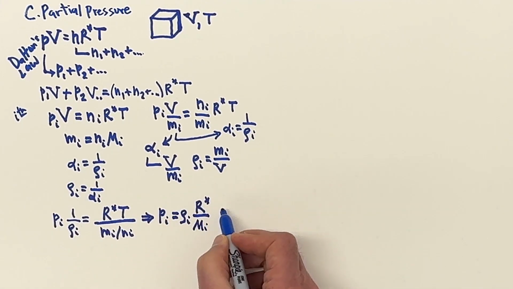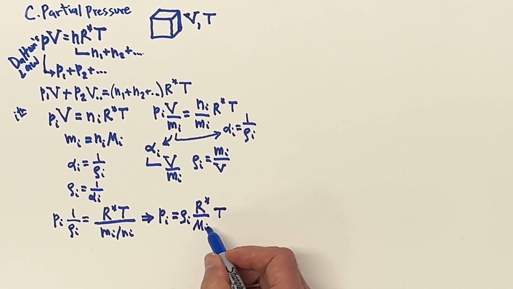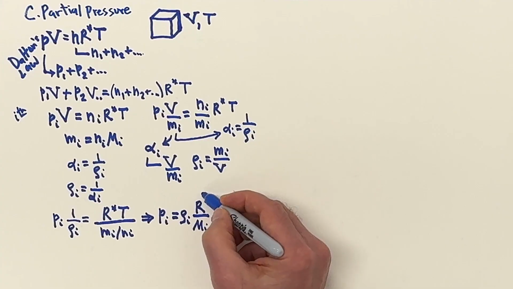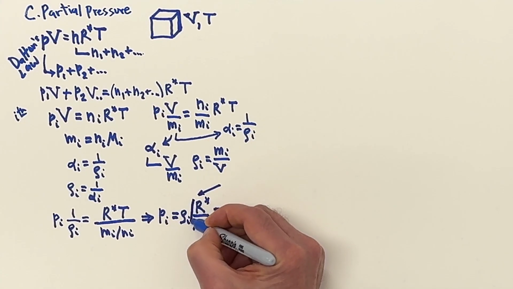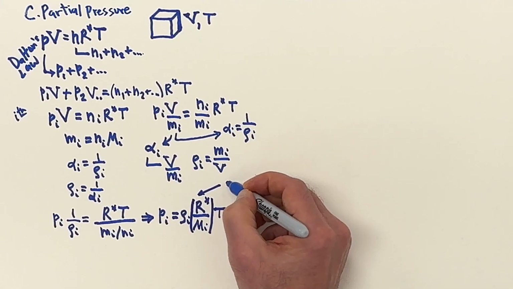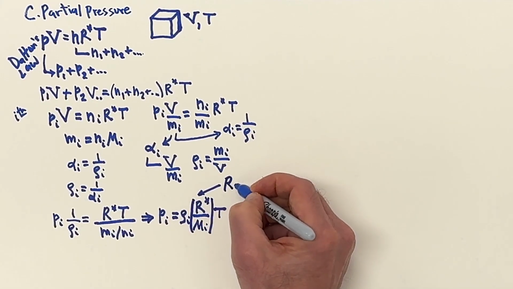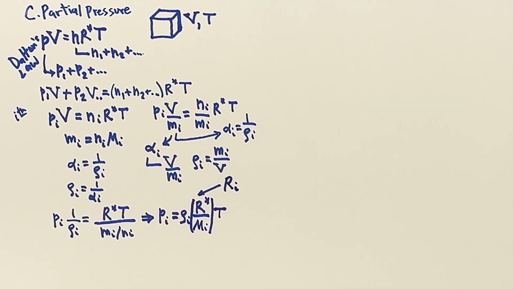And then I have the temperature. This is the practice in atmospheric science, and this combination here, where you have the R star over the Mi, that is what meteorologists like to call R sub i.